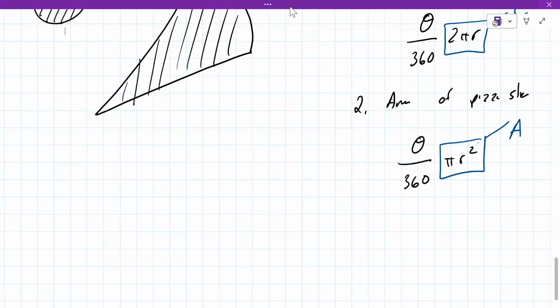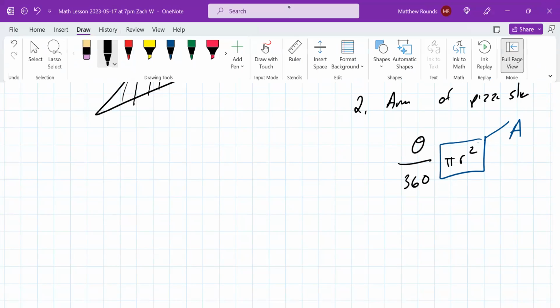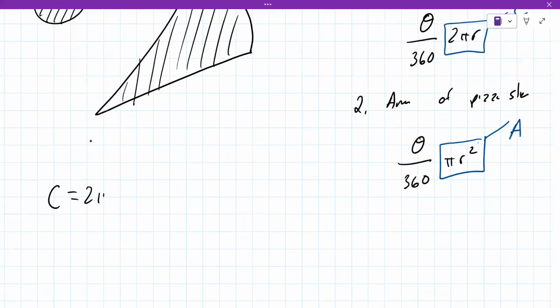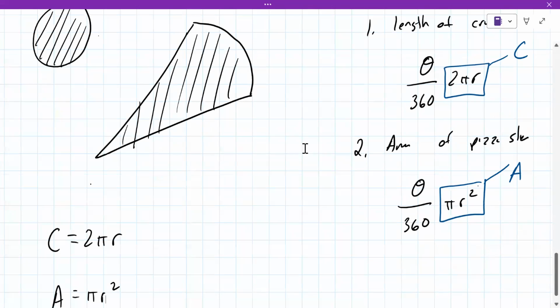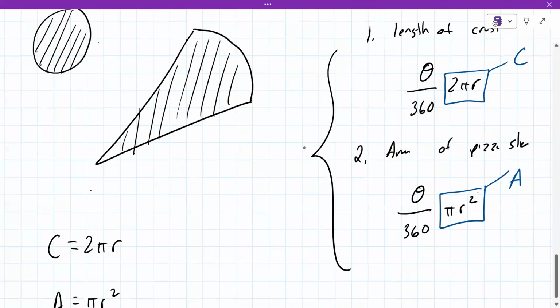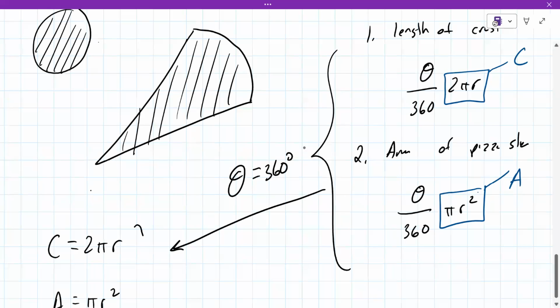Well, okay, normally before this, you learn that the circumference of a circle is 2 pi r and the area is pi r squared. So in both of these problems, when the angle is 360, they become these equations over here on the left, because 360 divided by 360 is 1, it becomes just 2 pi r.